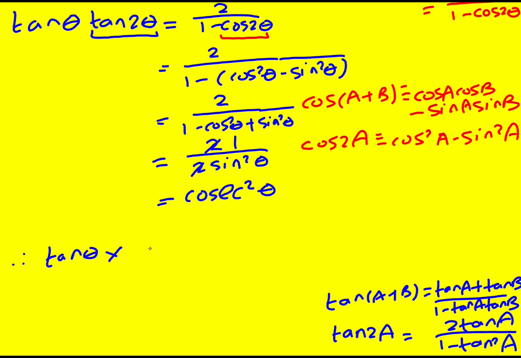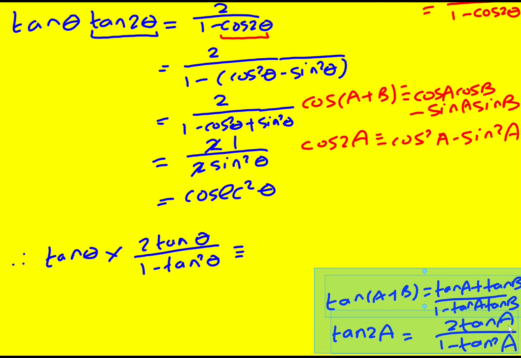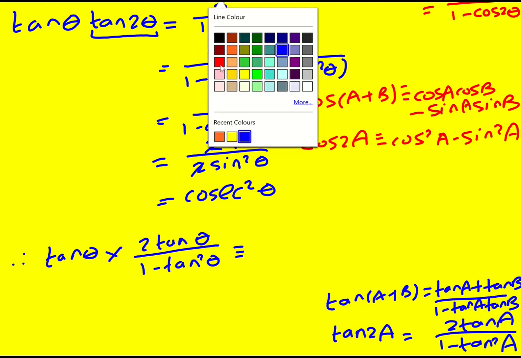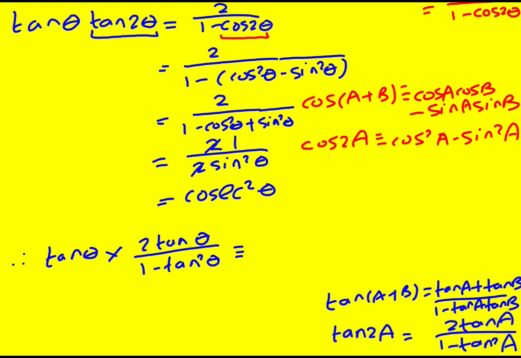So tan theta times 2 tan theta over 1 minus tan squared theta is identical to cosec squared. Now cosec squared, we also have, so I'm going to change this and do it in red just to indicate that I'm dealing with some identities here.